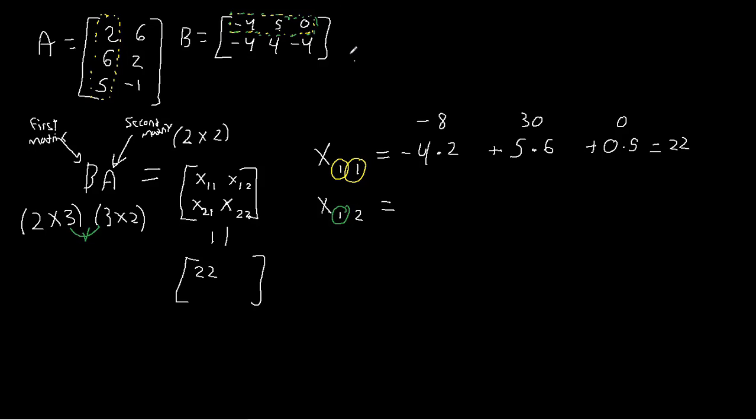So let's pull those values out again, right? -4 times some number plus 5 times some number plus 0 again times some number. What number are we going to put in these gaps this time? Well, we're going to be looking at the second column, right? Because this is a 2. We're going to be looking at the second column of the second matrix. So that's going to be this bad boy right here.